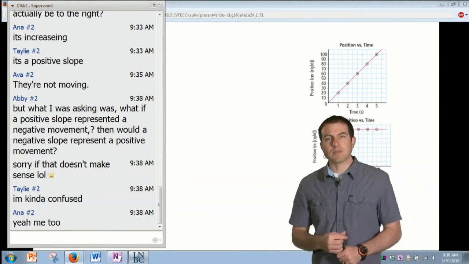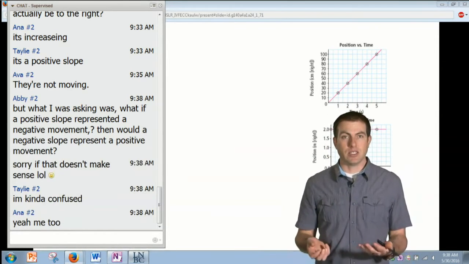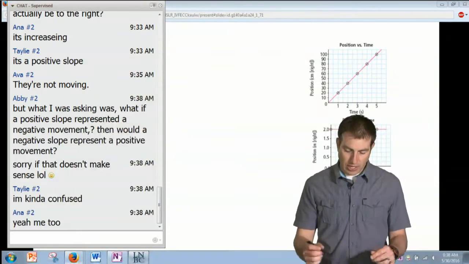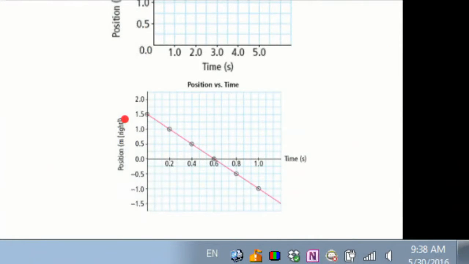A negative slope just means the object's moving opposite to the direction indicated on the graph. So on this graph, it says going to the right. So if we see a negative slope, that means the object's moving to the left.